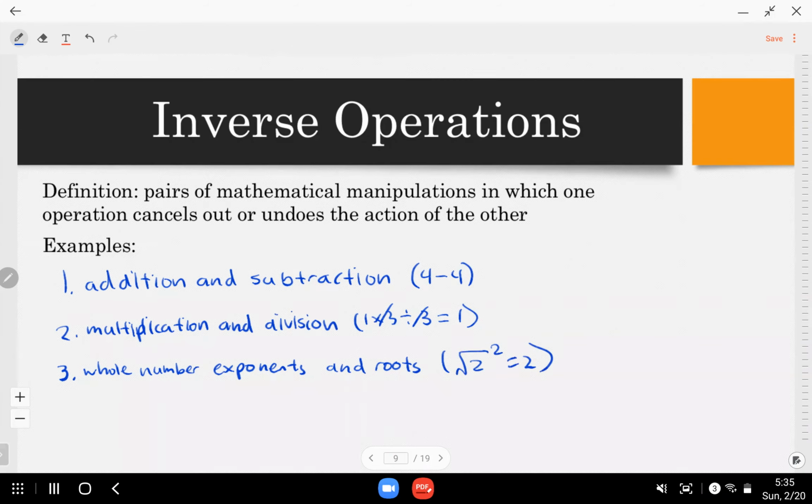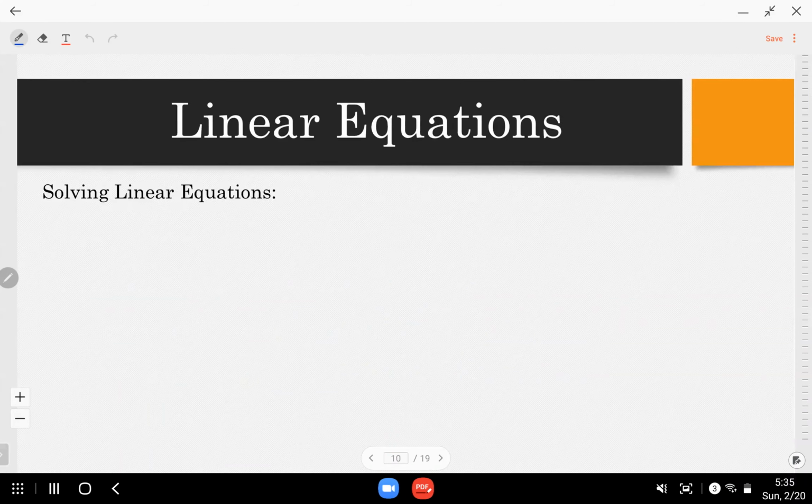So now let's go on to linear equations. Solving linear equations. What is a linear equation? Basically, it's an equation, but with variables, since we're dealing with algebra. So we need to have variables. What you need to do when we're solving linear equations is isolate.